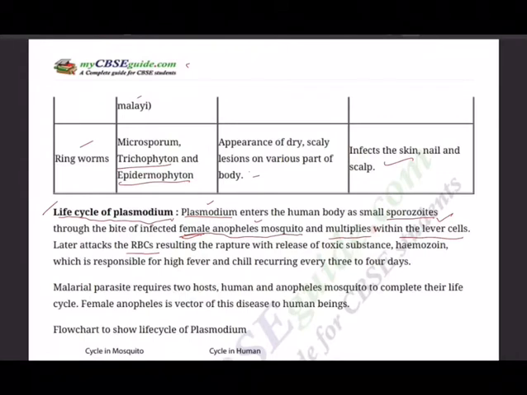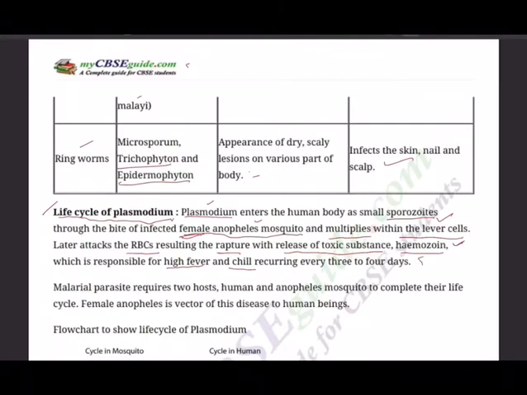This results in rupture of the RBC, and this rupture releases a toxic substance called hemozoin. Again, NEET exam, hemozoin, which is responsible for high fever and chills recurring every 3 to 4 days. These are the symptoms of malaria.